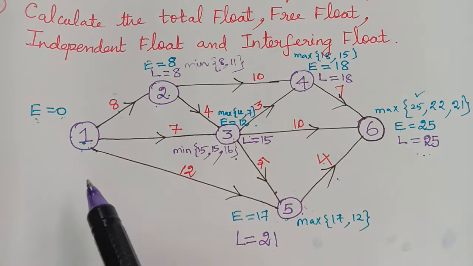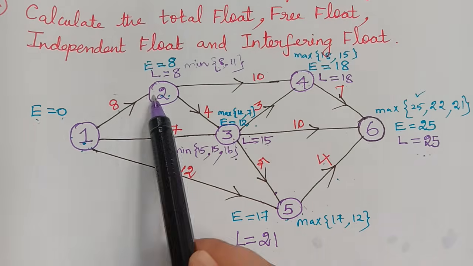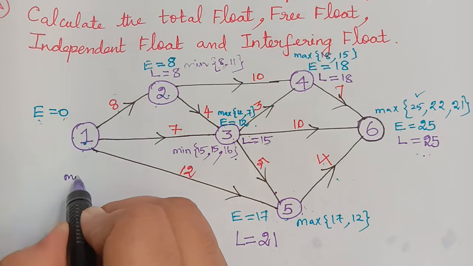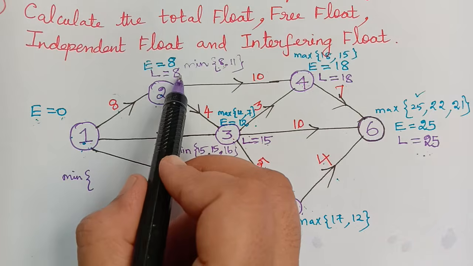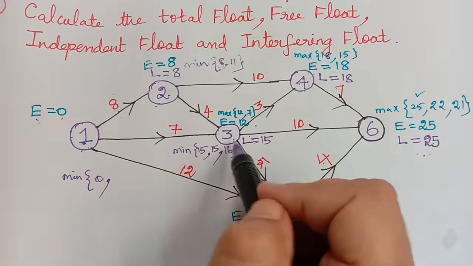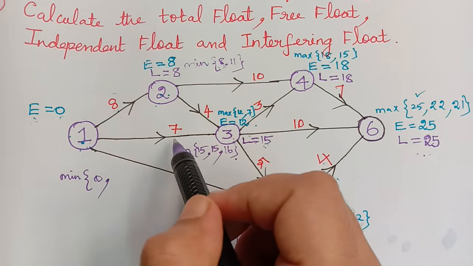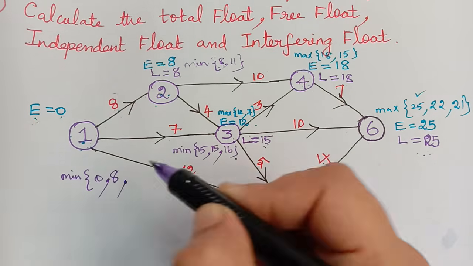Now the only left out event is 1, for which we have to calculate L, and there are 3 events emanating from 1, and so we have to choose the minimum of, if you see here, the value of L for this event is 8. 8 minus 8 is 0, comma, and here we have 3, the event 3, which is 15. 15 minus 7 we have to do, which is 8, and so 8 we have to write.